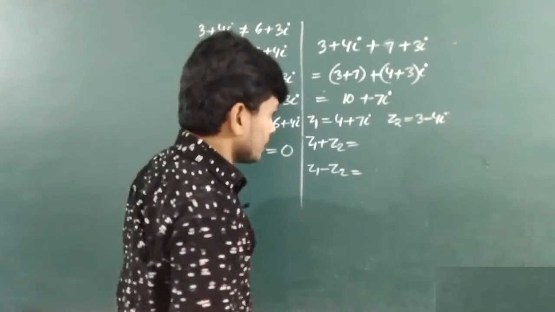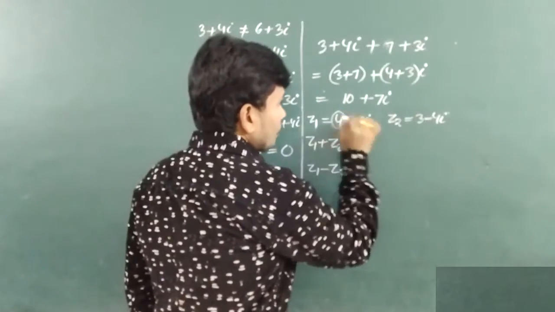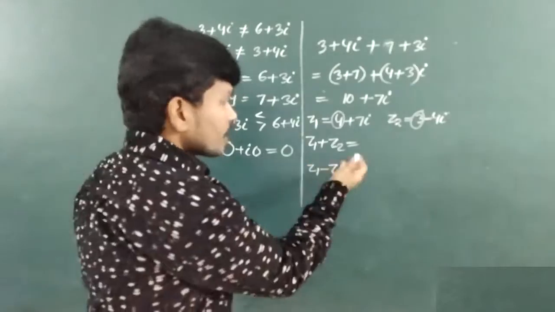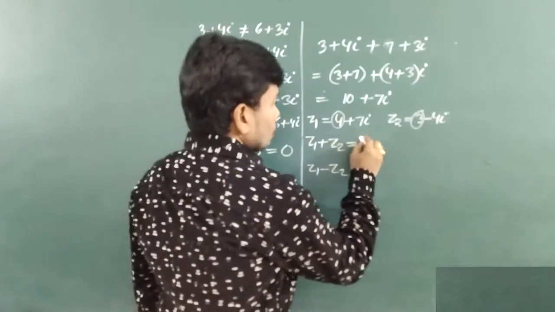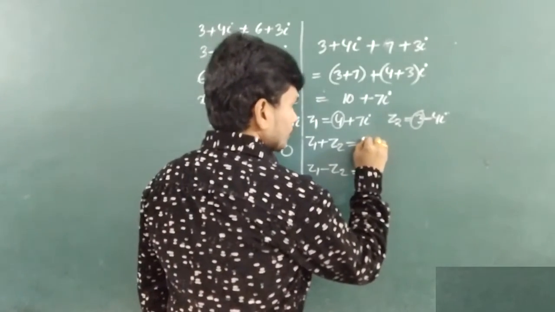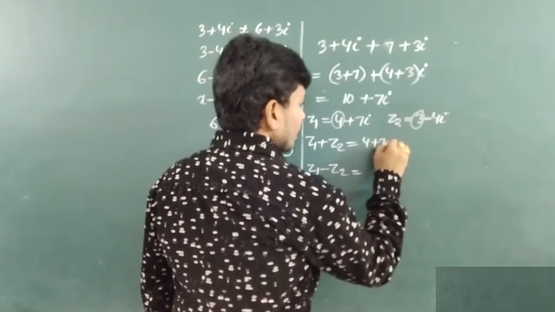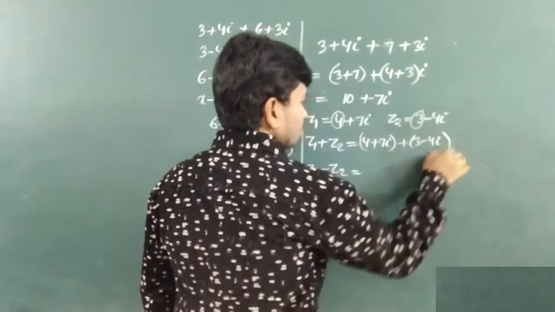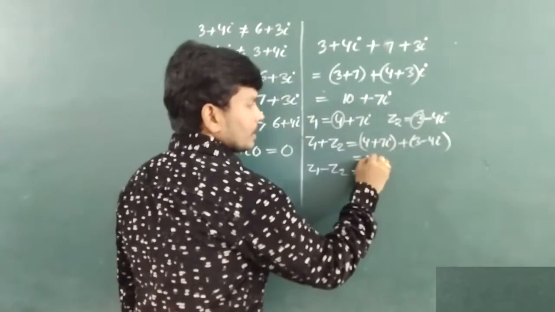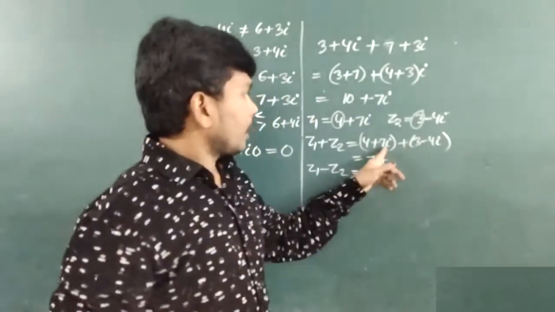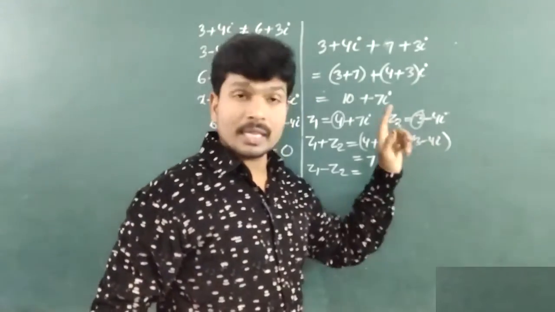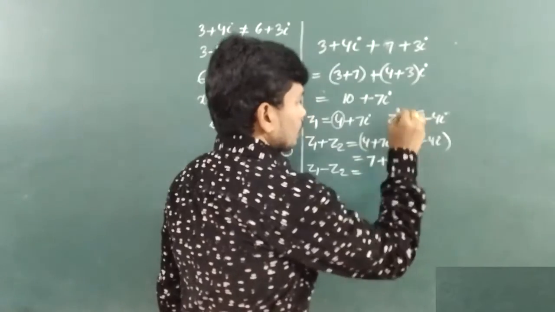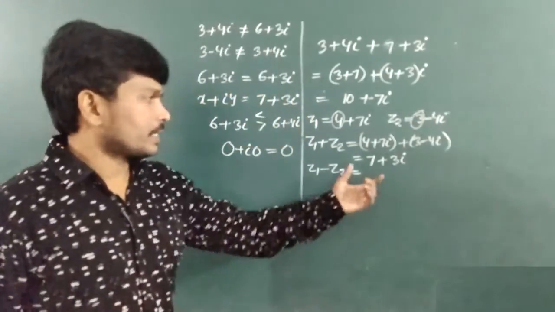Real parts have to add. That is the real part of Z1 plus Z2. 4 plus 7i plus 3 minus 4i. Okay, 4 plus 3 is 7, plus imaginary part 7 minus 4, which is 3, so 3i. So 7 plus 3i is the answer.